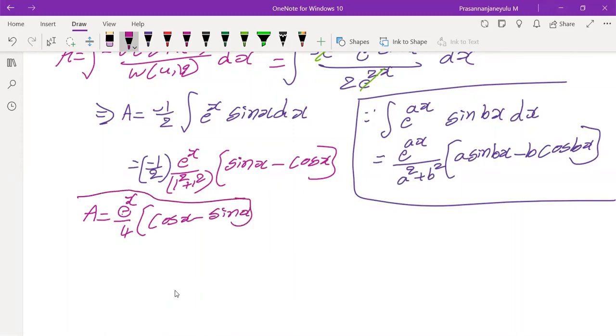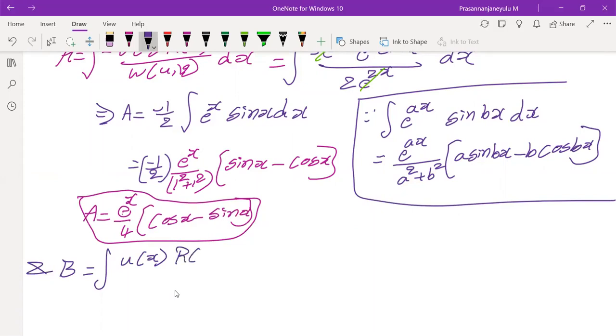Now we need to find B. What is the formula of B? B equals the integration of u of x into r of x by w of u comma v into dx. Here u is nothing but 1, and r is nothing but e power x into sin x.